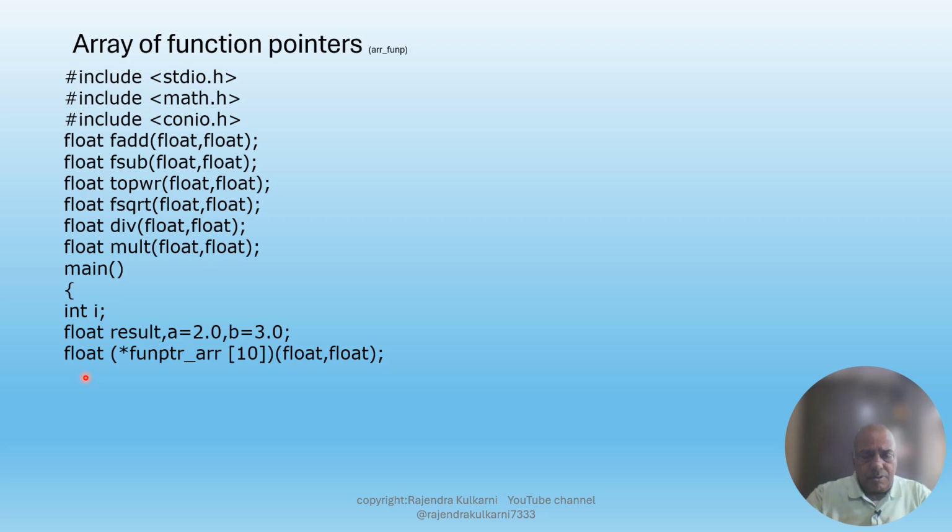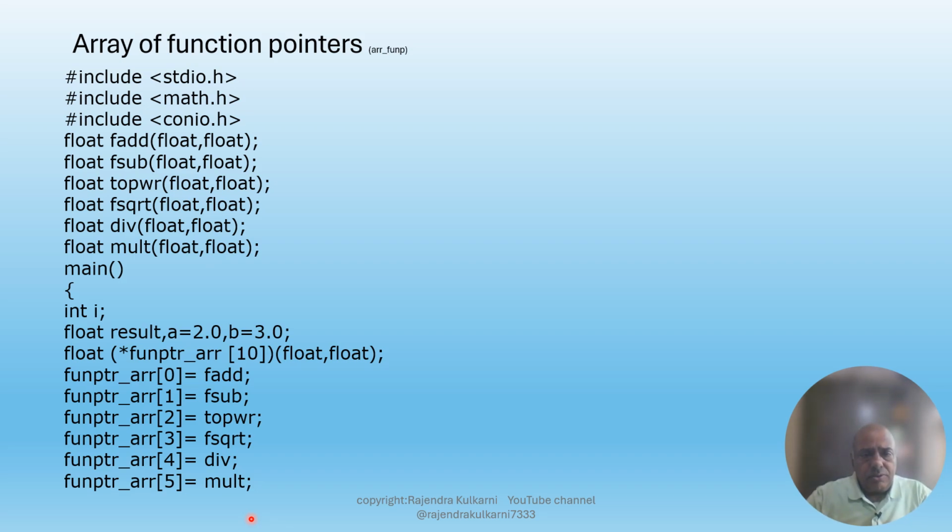Again, see there are so many, 6 functions here, but they are having the same prototypes and same return type. And when we declare a function pointer array, we simply write into the parenthesis the name of the function pointer and its array and dimensions of the array.